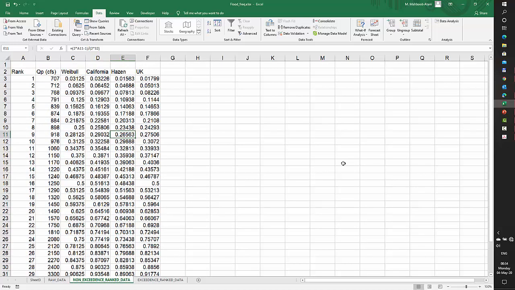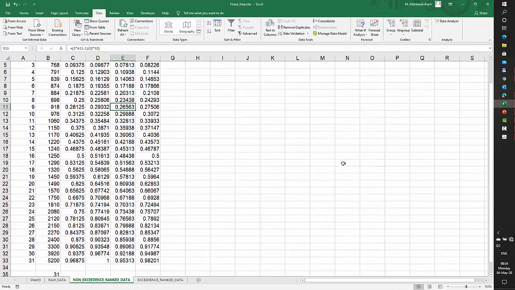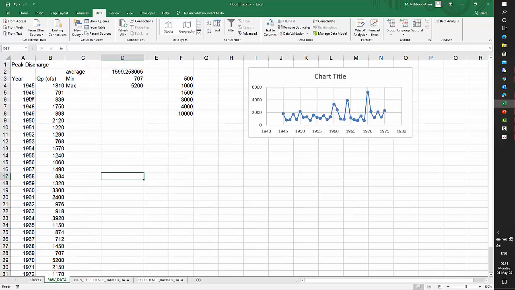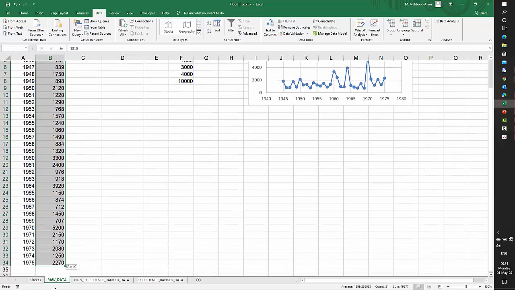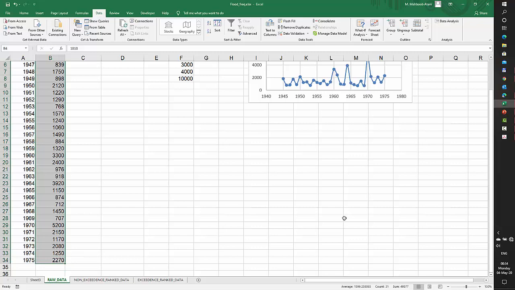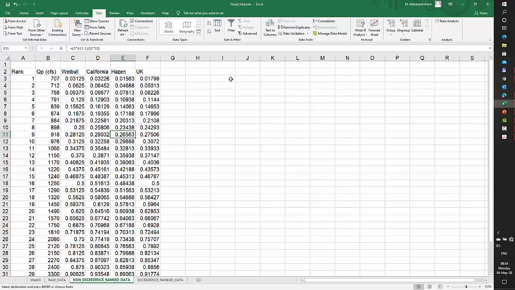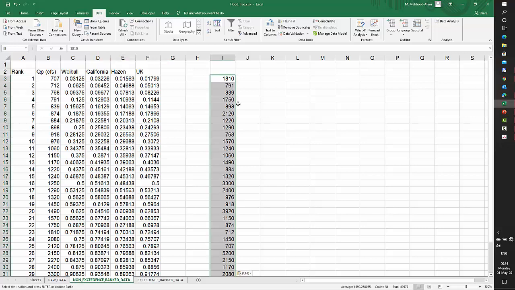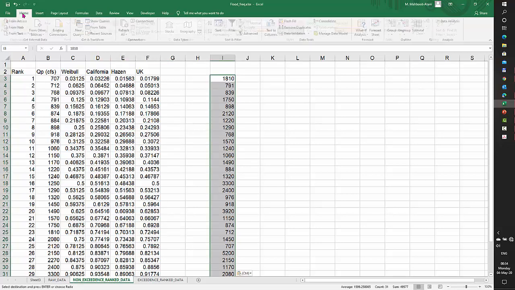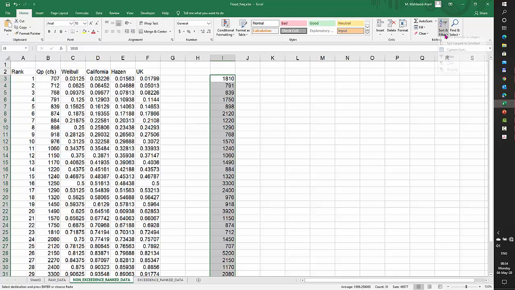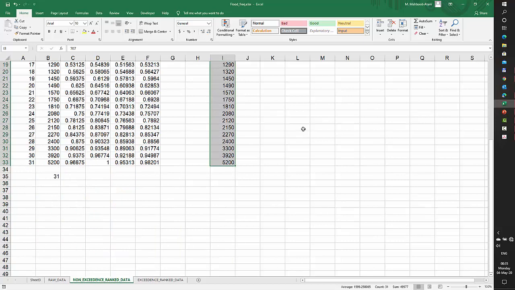We are not bothering about which year this data occurred, so I'm just copying this data, pasting it here, and then using the sort function I am sorting it in ascending order. So my smallest value would be on top, largest value at the bottom.